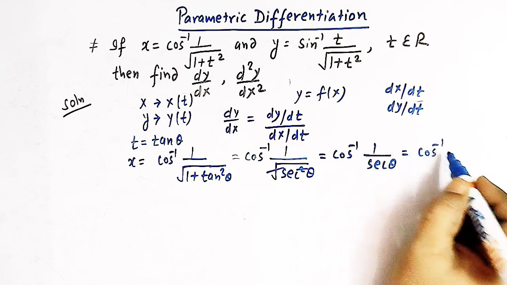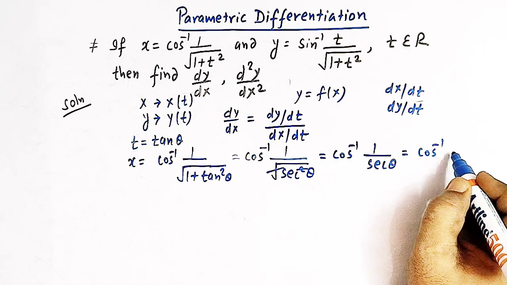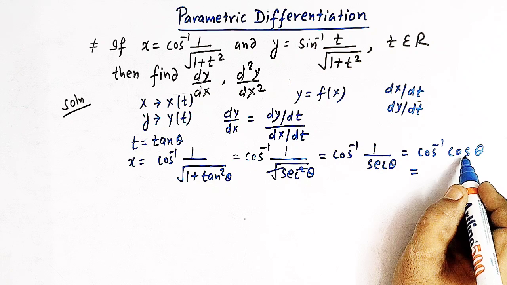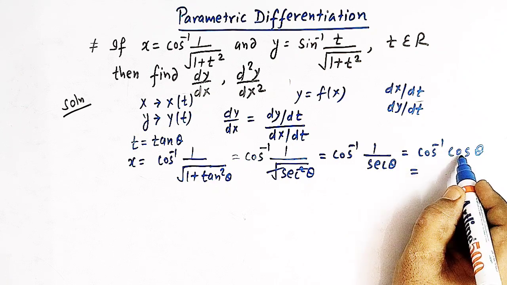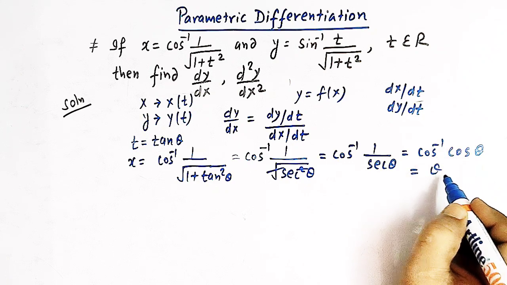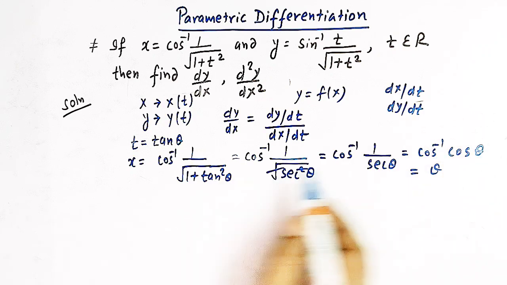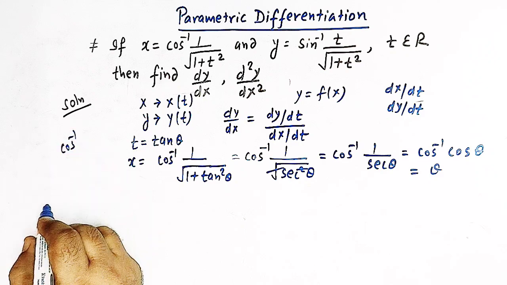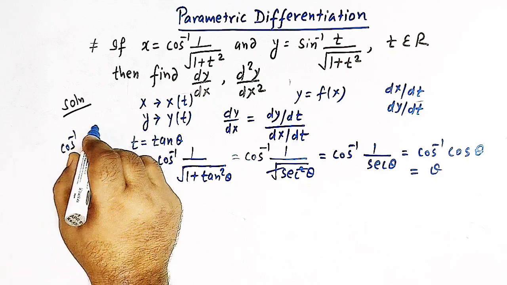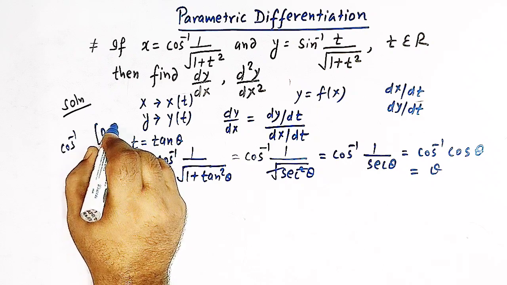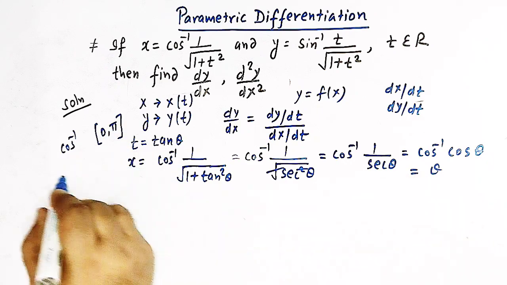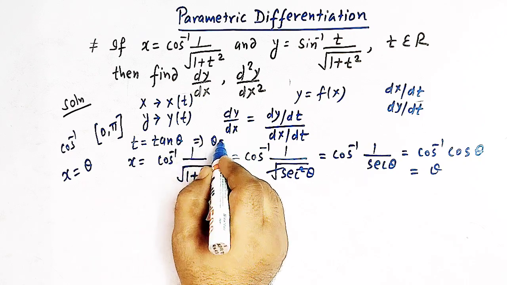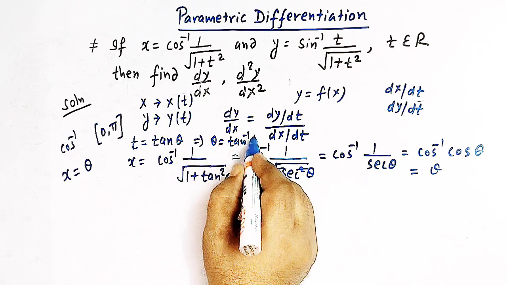Now we have cos inverse of 1 over secant theta, which is cos theta, and from inverse trigonometric functions cos inverse and cos cancel, and we are left with theta, provided the principal value branch of cos inverse lies in the interval 0 to pi. So we have x is equal to theta, where theta is tan inverse of t.